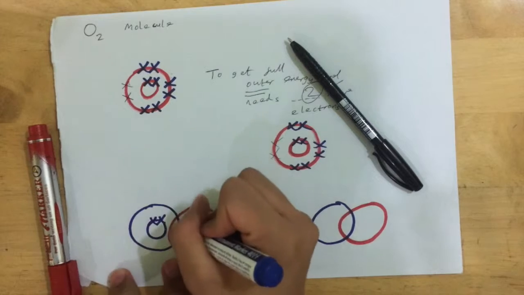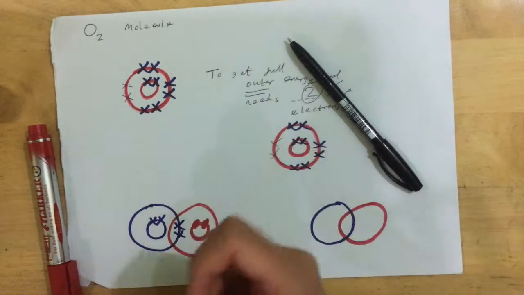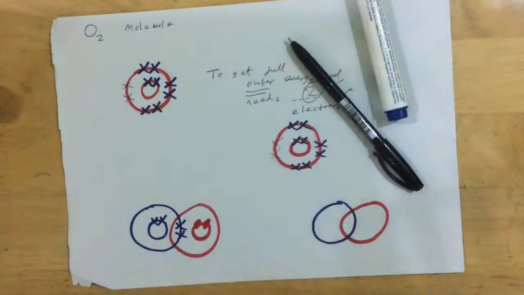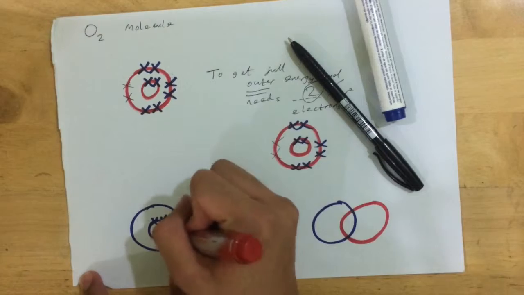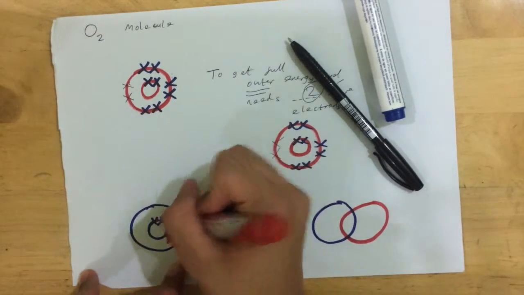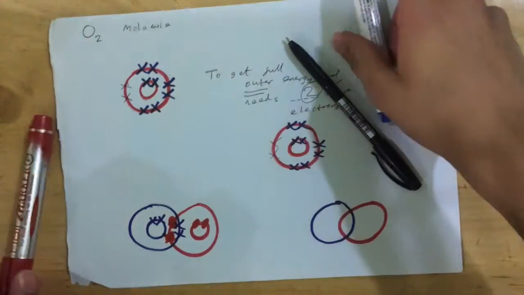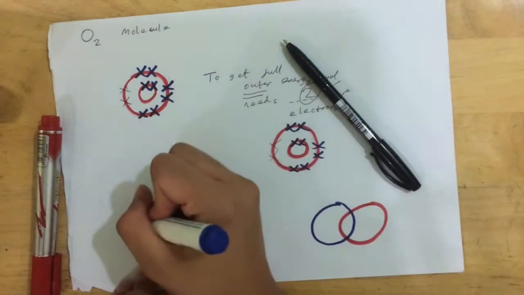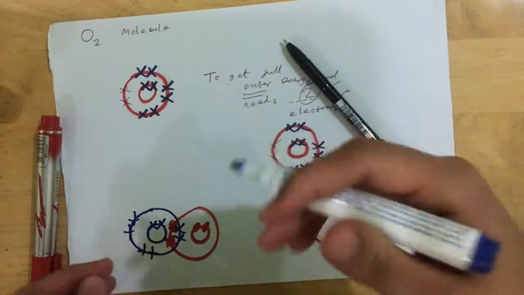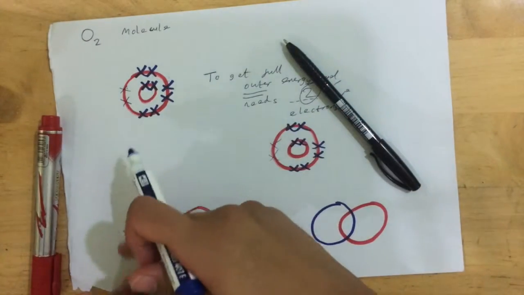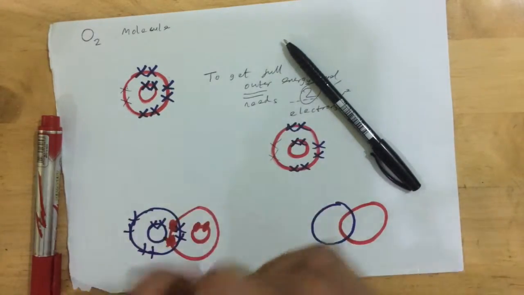This oxygen atom will share 2 of its electrons, and this oxygen atom will share 2 of its electrons. And then they have 4 electrons left, because they have 6 electrons in the outer shell, but they're sharing 2.